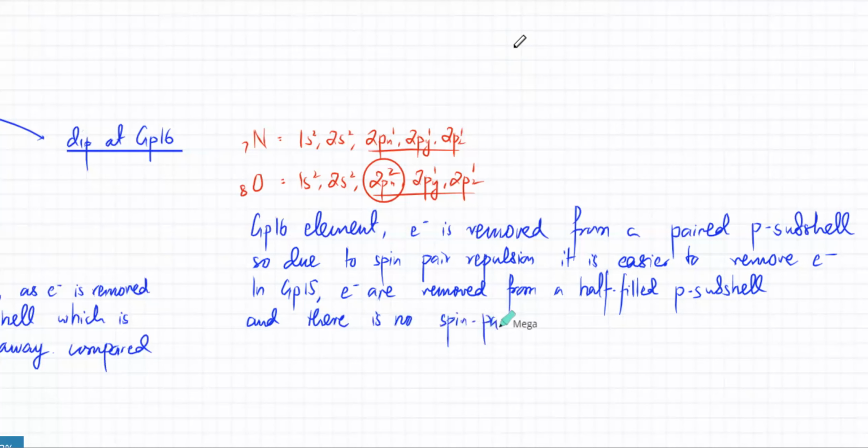Make sure you write this word: you have to mention that there's a paired p subshell and there's spin pair repulsion in oxygen over here in group 16. So it's easier to remove electrons there. Over there, the p subshell is half filled, so there is no spin pair repulsion in that case.